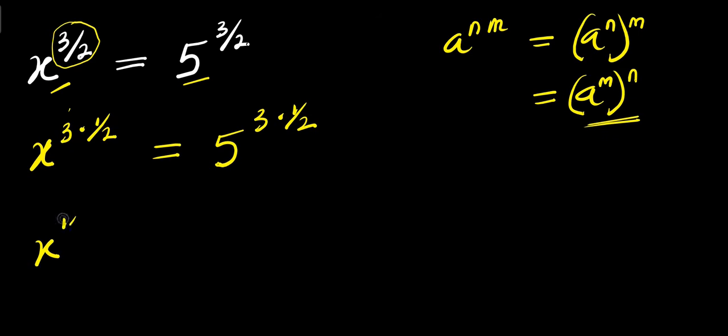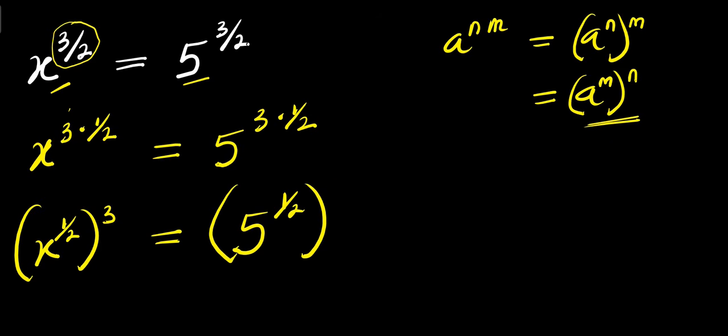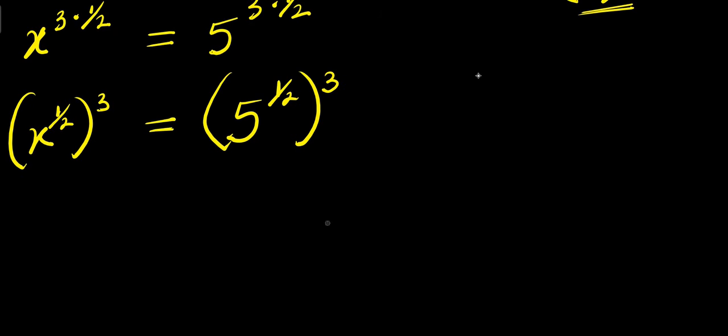We have x power 1 over 2 raised to the power of 3, and this equals 5 power 1 over 2 raised to the power of 3. So from here, remember, if you have a power 1 over 2, this equals square root of a.